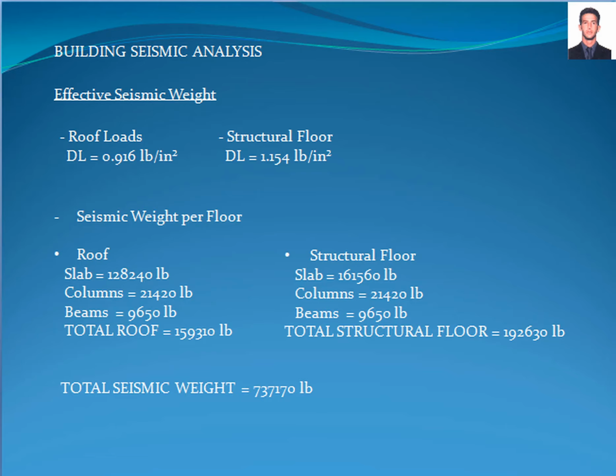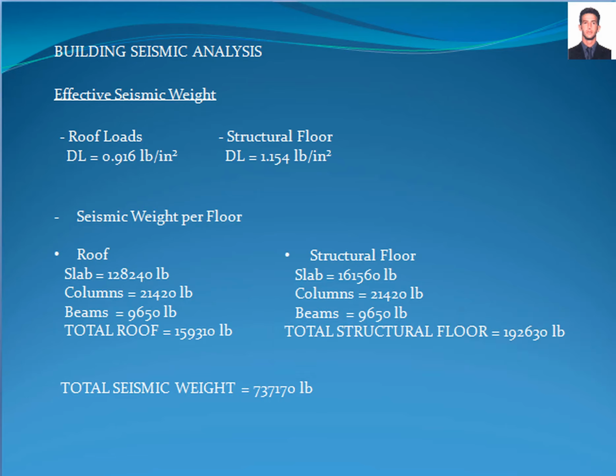The dead loads for the roof story per unit area is 0.960 pounds per square inch, and for the structural floor story is 1.154 pounds per square inch. The total weight of the roof story is 159,310 pounds, and for the structural floor story is 192,630 pounds.